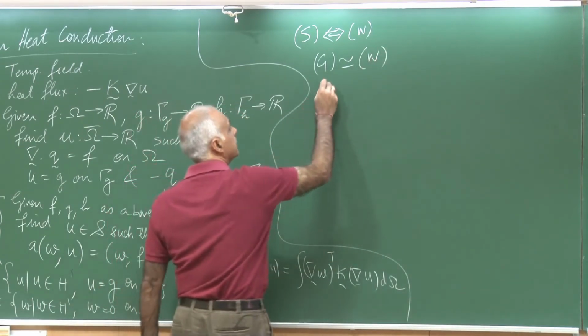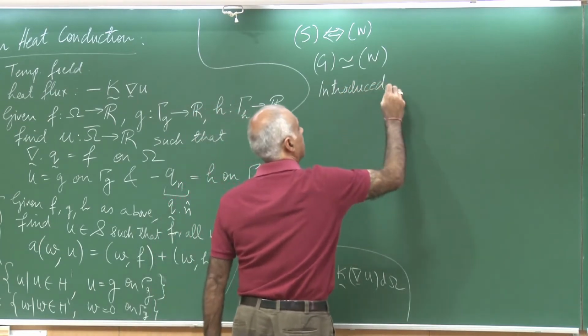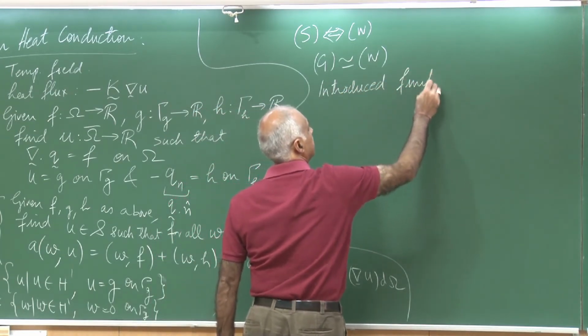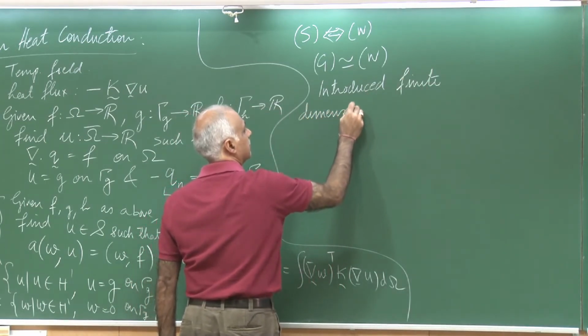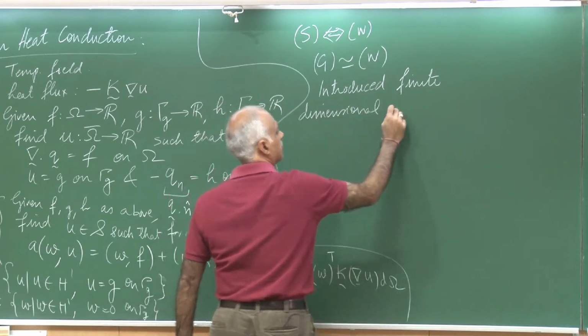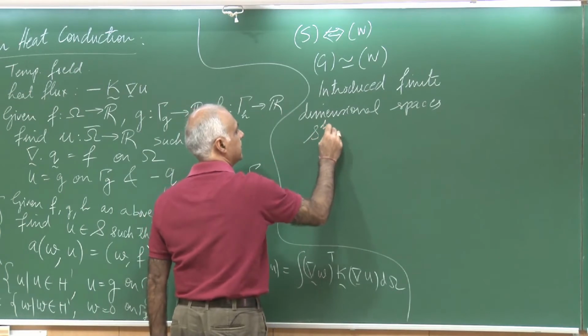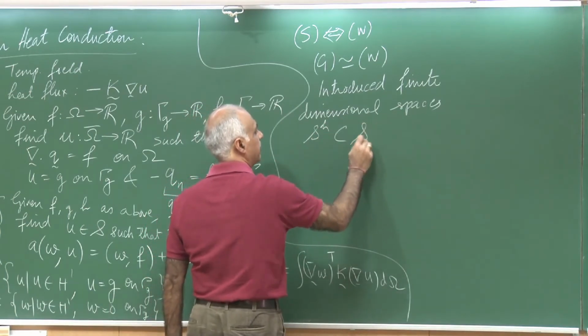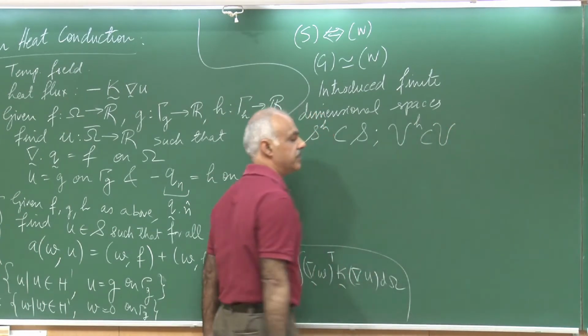So, we introduced finite dimensional spaces which were SH, and this is a subset of S. We also introduced VH, which is a subset of V.